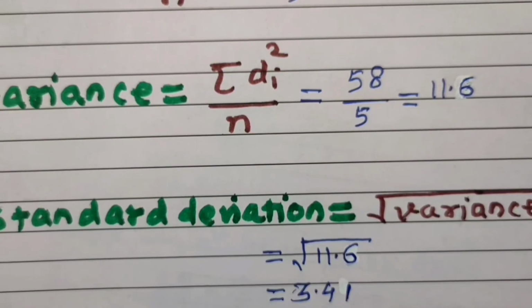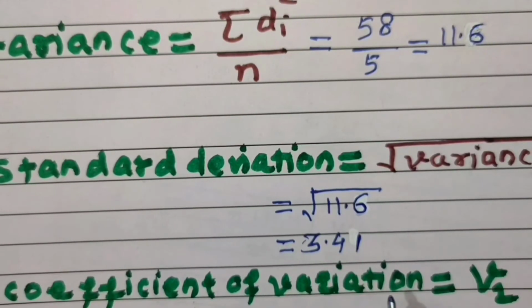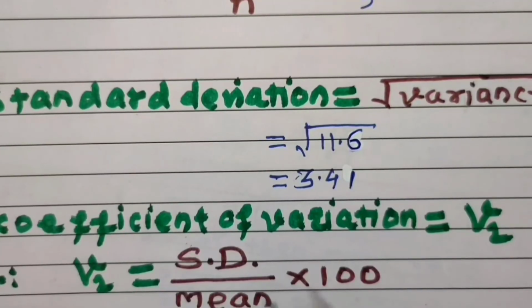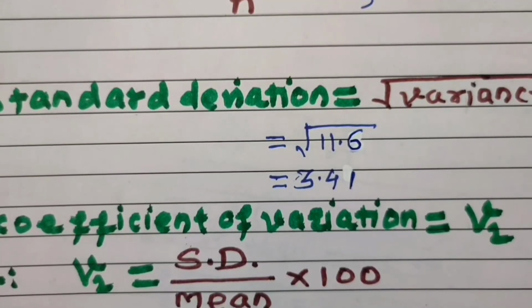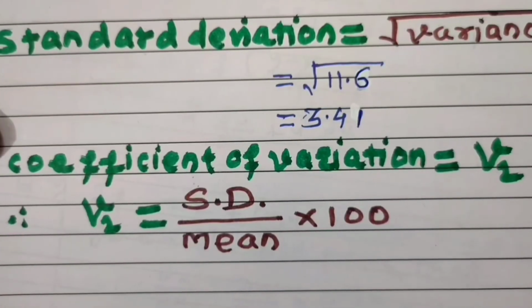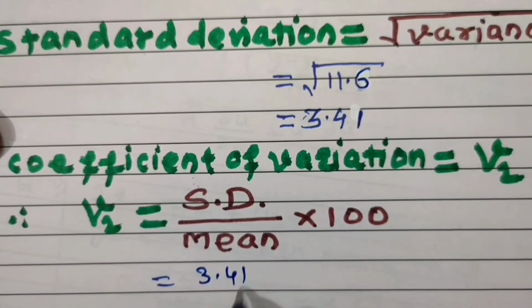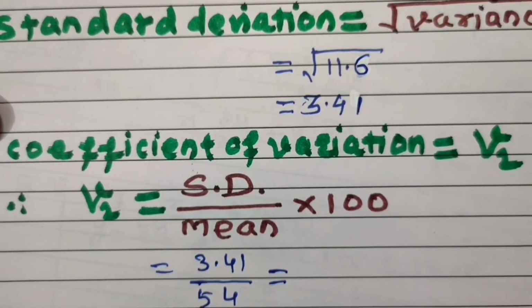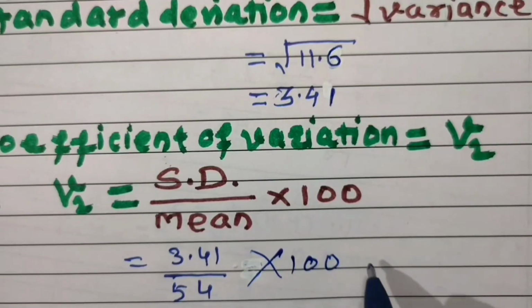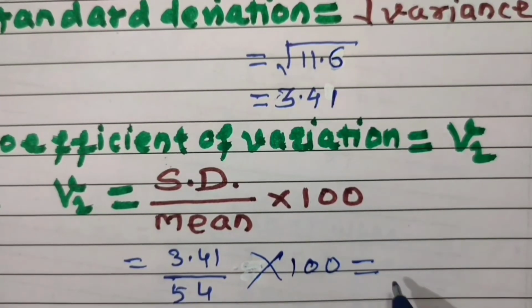Now we have to calculate coefficient of variation. Coefficient of variation for group B, let us assume V2, and which is given by the formula V2 is equal to standard deviation divided by mean into 100. Standard deviation is 3.41 and mean is 54 into 100 and this is equal to 6.31.